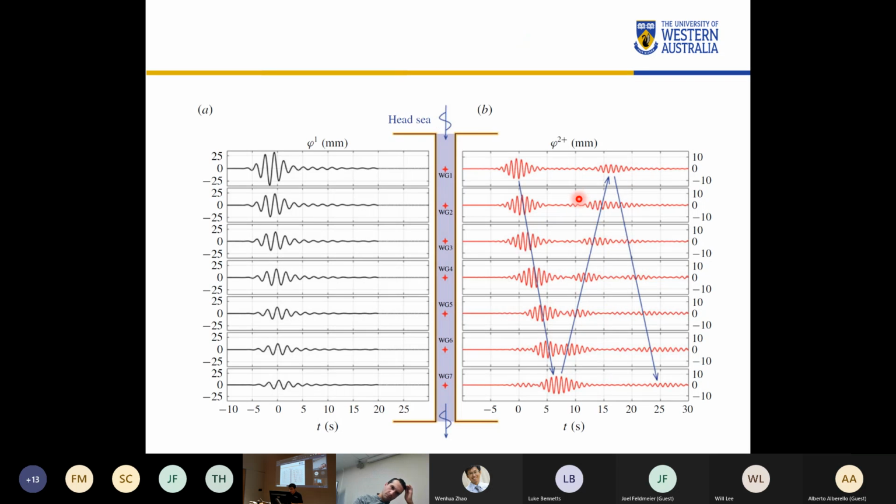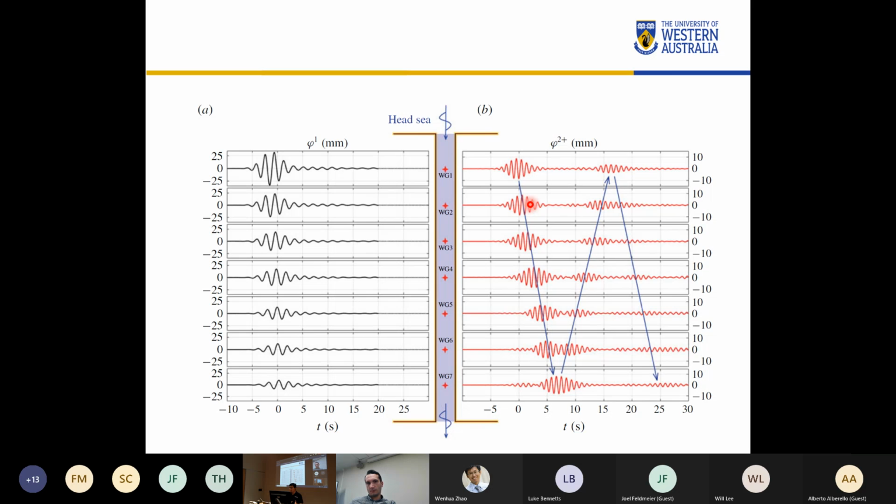More interesting is the head sea. So if you look at this one, we have waves excite the gap resonance from one end to the other. From this slide, that's from the top to the bottom. And on the left-hand side, that is the linear component. On the right-hand side, that is the second harmonic.